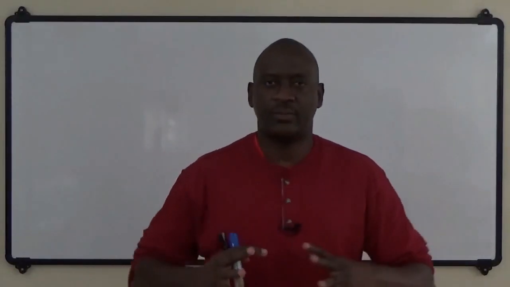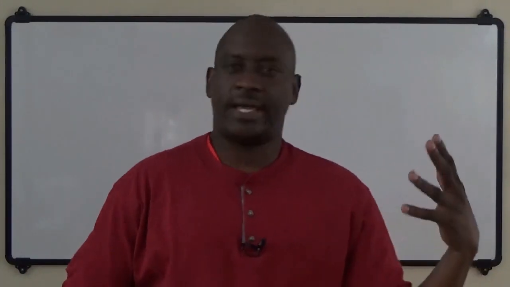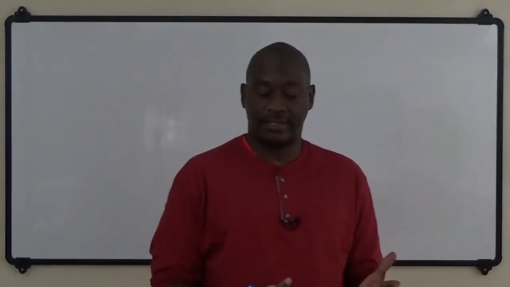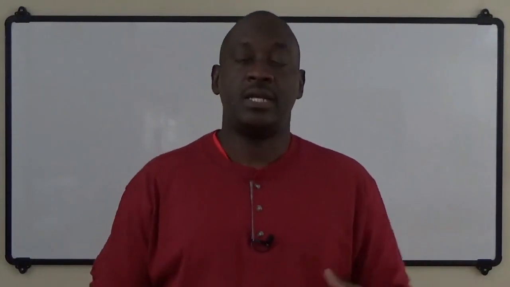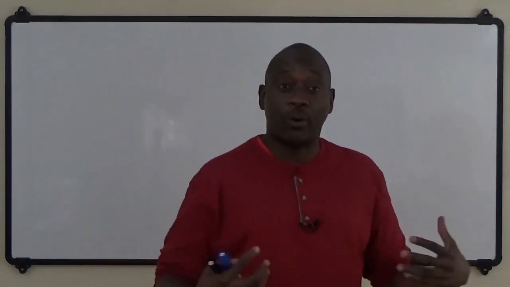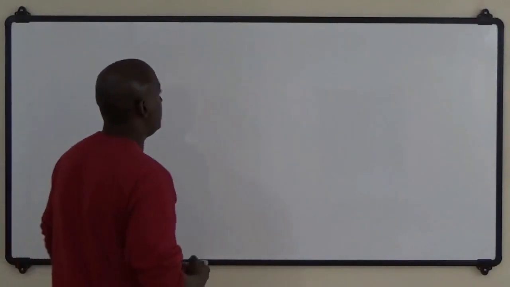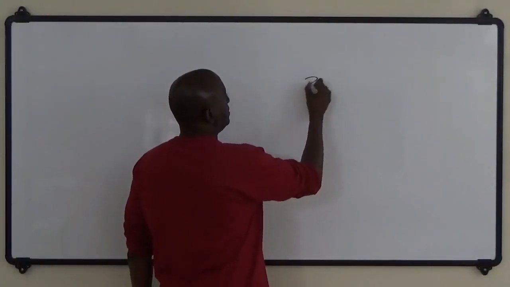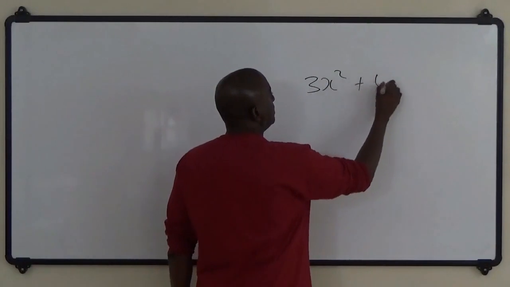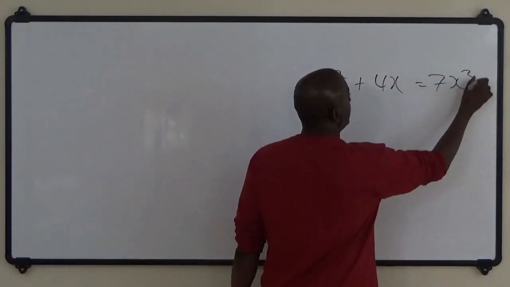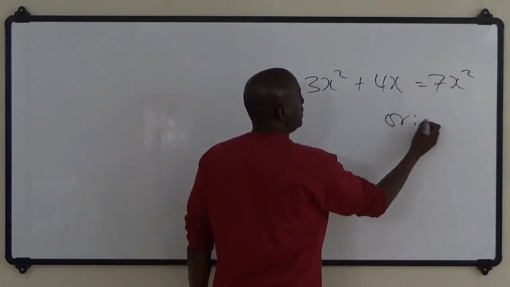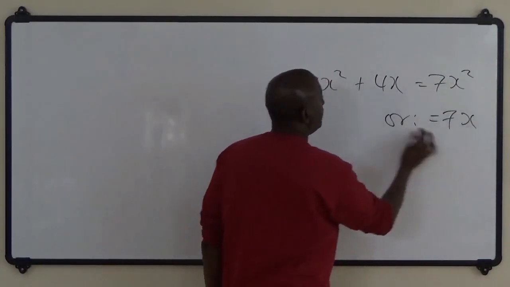In the same way that when you're doing your regular polynomials, you cannot add a term in x squared to a term in x cubed to a term in x to the power of 4 to a term in x, etc. It's the same way with matrices. When you're adding and subtracting, the matrices must be of the same order. For example, with your regular polynomials, some people will see 3x squared plus 4x, and they will either put equals 7x squared, or they'll put equals 7x.